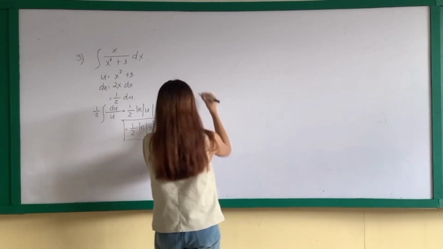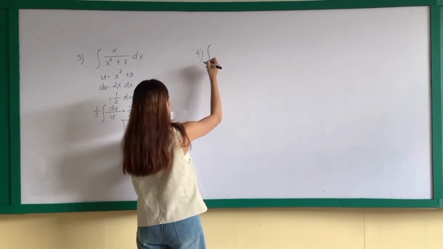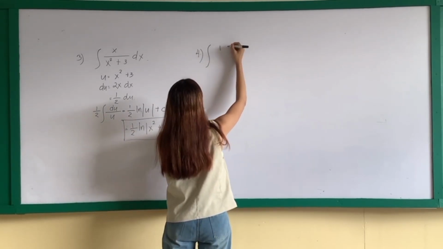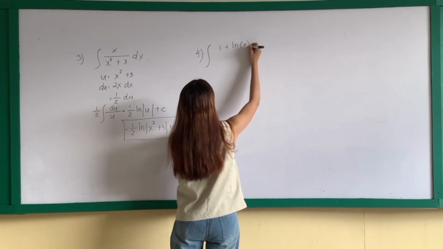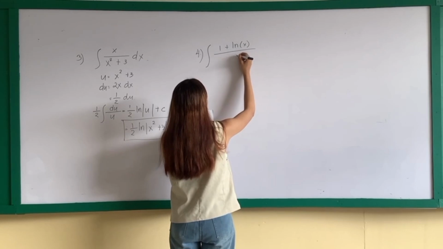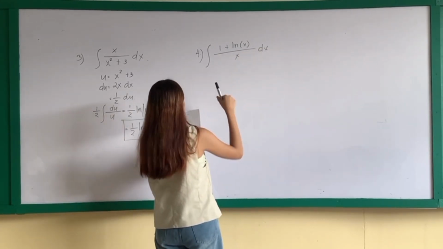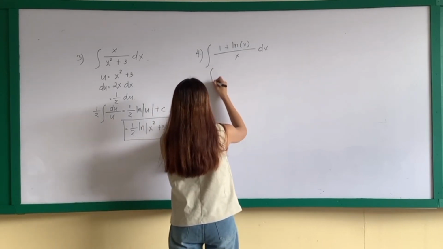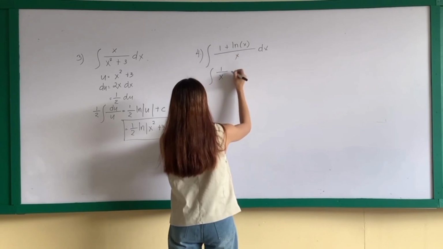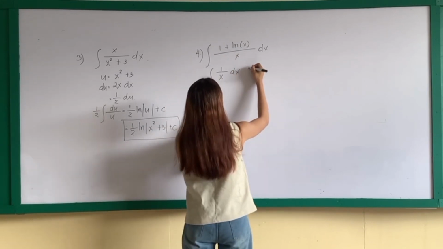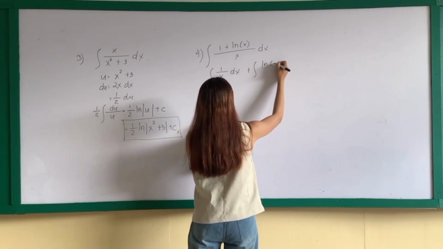Let's proceed to our problem number 4. The integral of 1 plus ln x over x dx. So we need to separate the 1 and ln x. So we have the integral of 1 over x dx plus the integral of ln x over x dx.